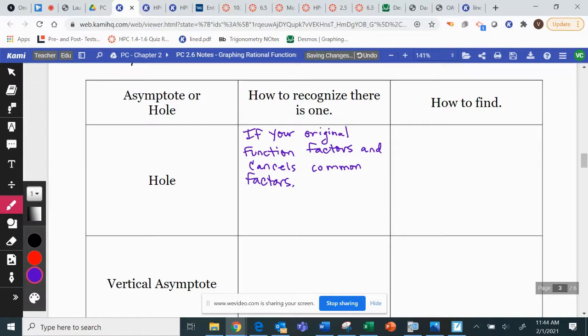If your original function factors and then from that factors cancel, you will have a hole. How to find the hole?